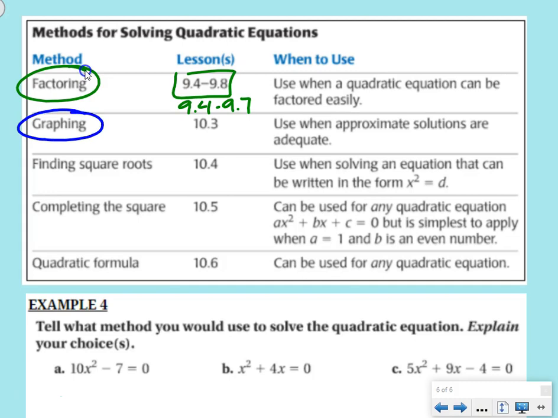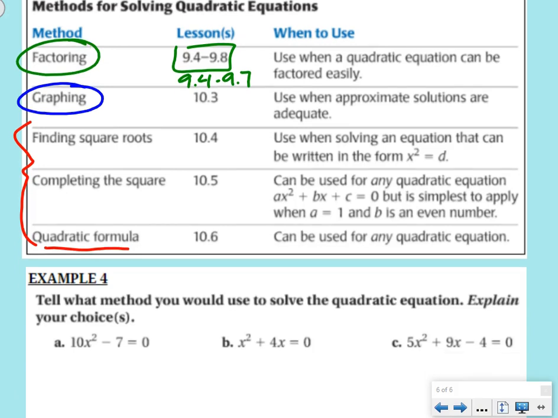We talked a lot about graphing, and then we just recently added in that vertex form. Then what we've been working on right now is finding square roots, completing the square, and we just added that quadratic formula. So there are multiple different ways to solve quadratic equations. So you have a lot of tools to be able to solve these quadratic equations. Now each one works better in some cases and worse in other cases.